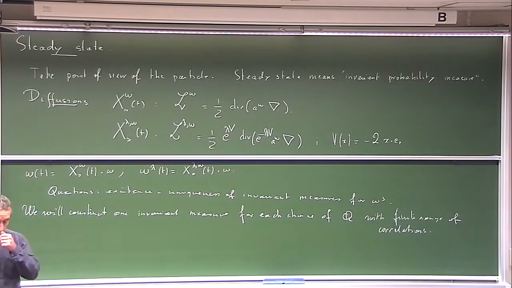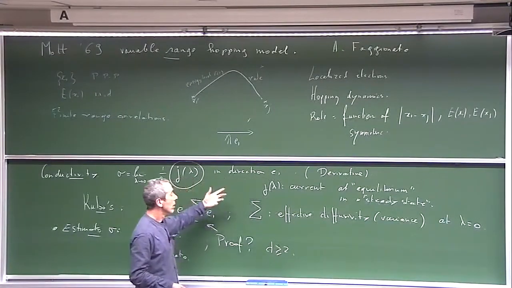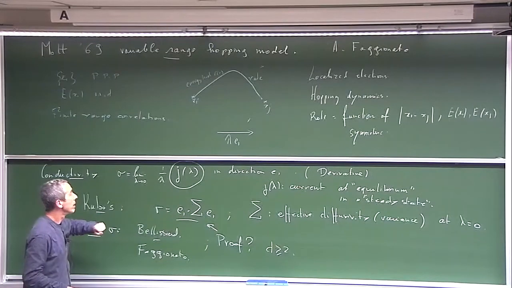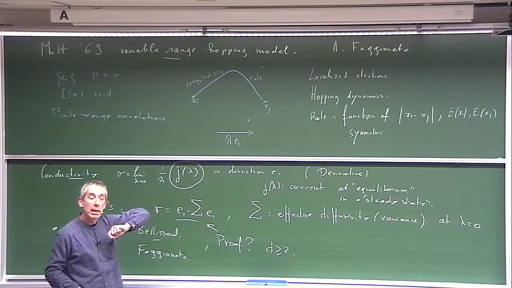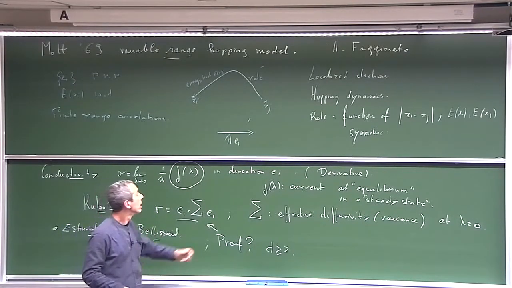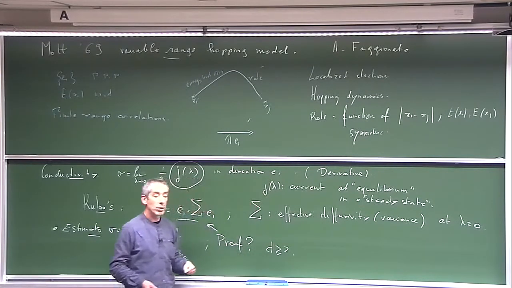And the way we do that is by saying that what we want to measure, let's say in that picture, for instance, if you were to measure the current for good, in reality, what you would do is you would start with some sample of the environment, then you would turn the electric field on, and then you would wait for some time, and then you would measure the current of electrons.